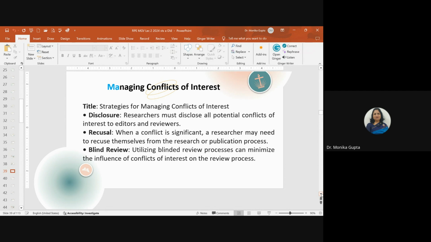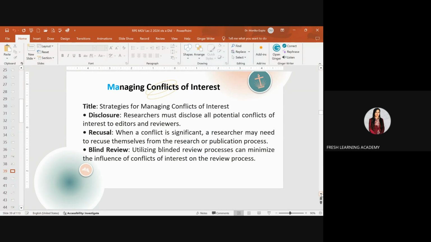The reviewer does not know who the author is, and the author does not know who the reviewer is. Like if I submit a paper to a journal, the journal will hide my information when it sends my manuscript to reviewers for evaluation. So reviewer and author remain unknown to each other so that there is no conflict.